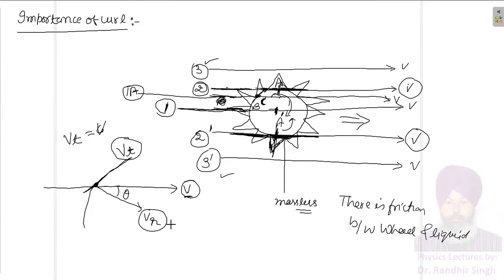So Vr will be V cos theta, and Vt will be V sin theta. It means the rotation of the wheel will be directly proportional to the tangential component, that is V sin theta.